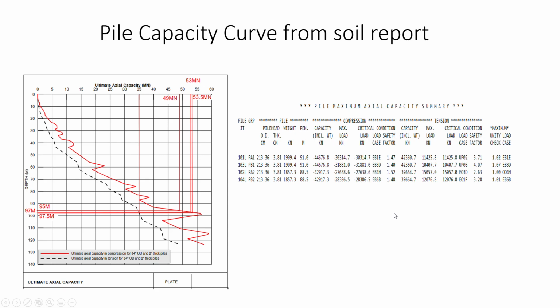So how we have to fix this from the in place analysis: this will be the compression and this will be the tension. What is the maximum compressive load, I have to check here, 28, 27, 31, 30. So 31 meganewton is my maximum compression load. So here go for 31.88, say 32, 32 from here, somewhere here.